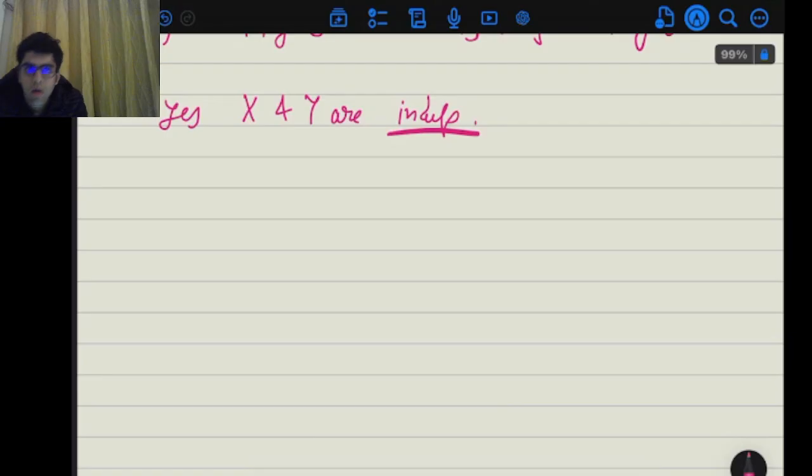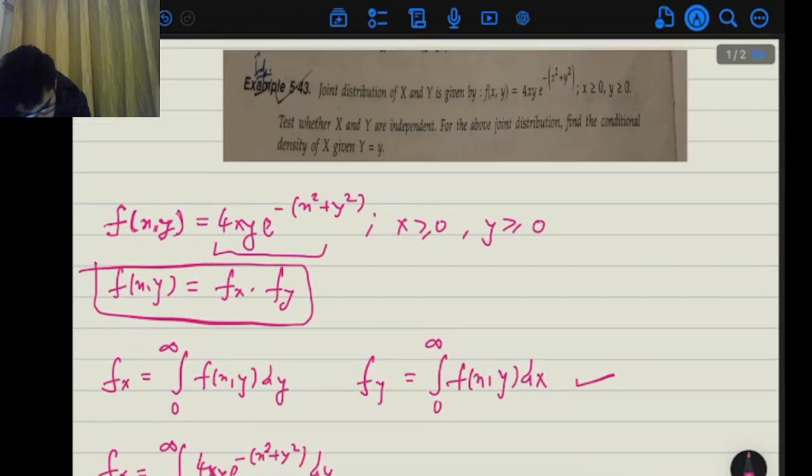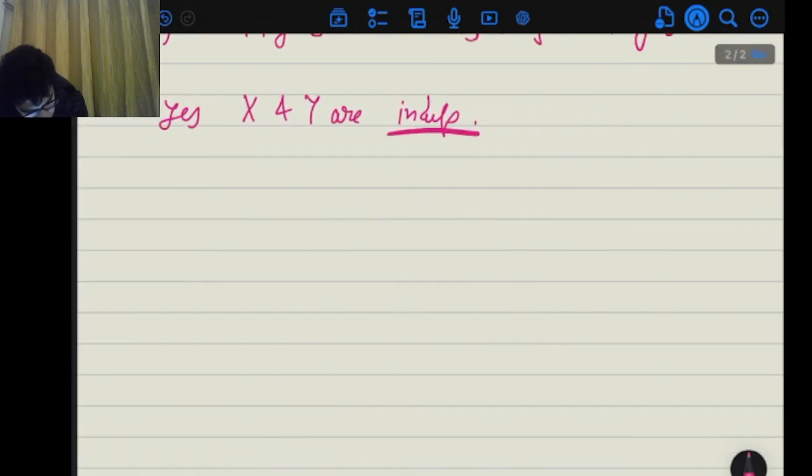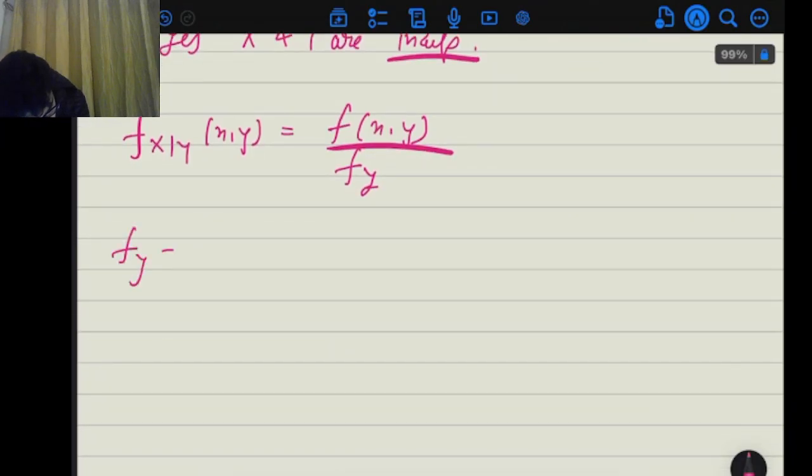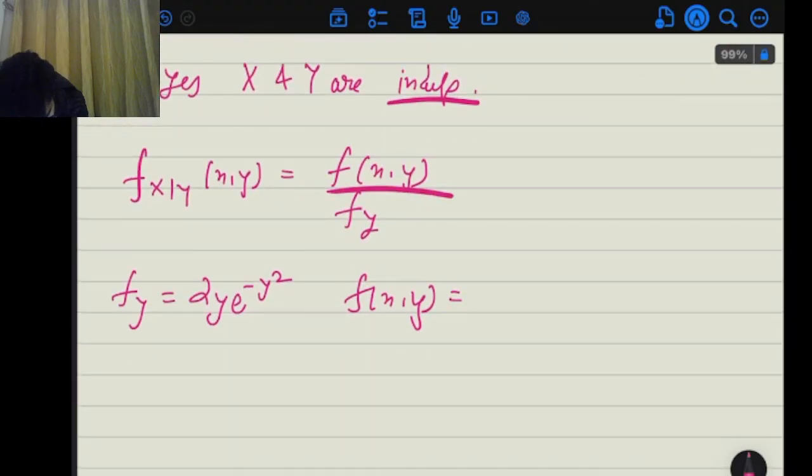Now we need to find the conditional density of x given y. The formula for this is f of x comma y divided by f of y. We already have f of y, which was 2y e to the power minus y square, and f of x comma y was 4xy e to the power minus x square plus y square.